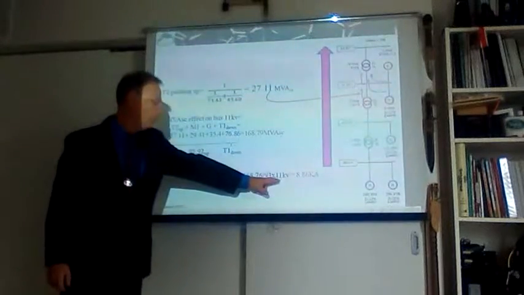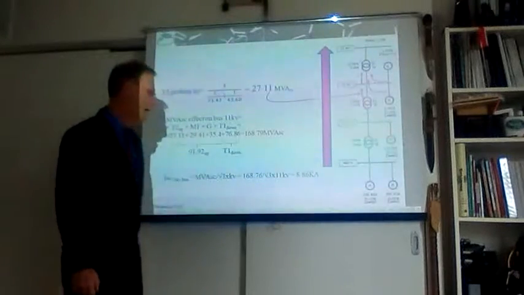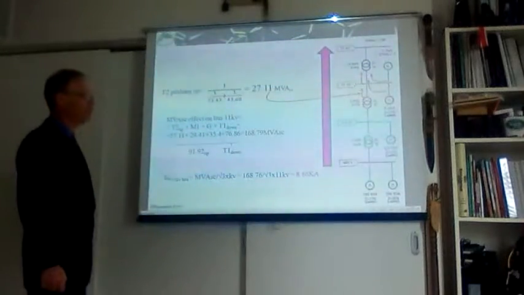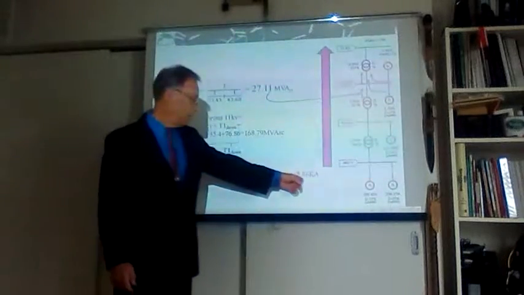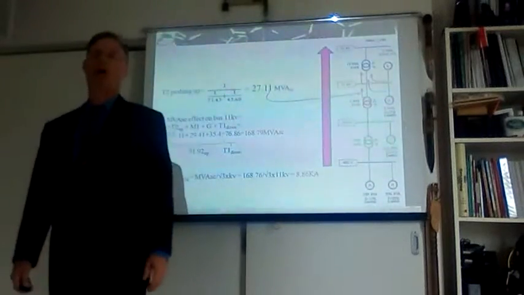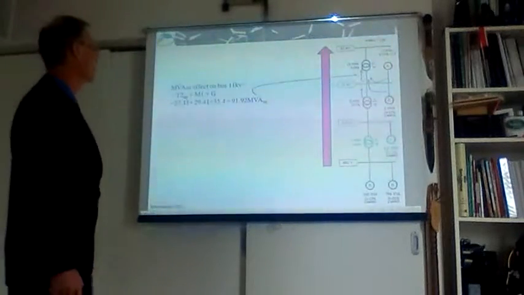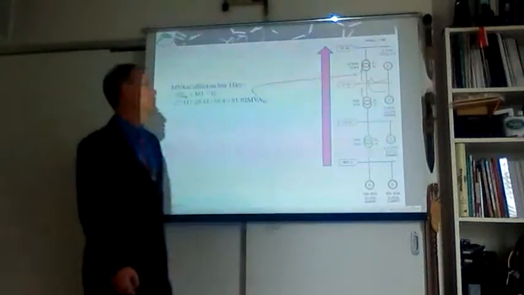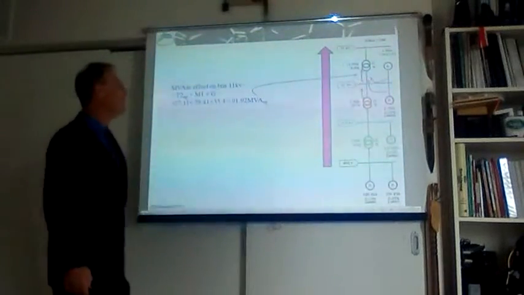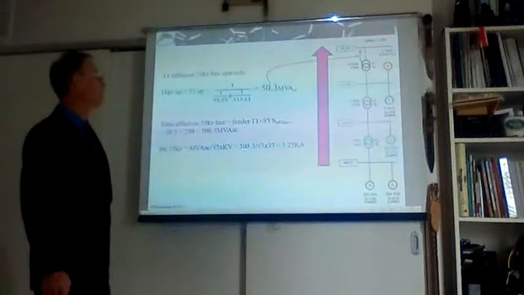And of course, divided by the voltage, in this case 11 kV multiplied by the square root of 3 due to 3-phase, will give us almost 9 kiloamps on a short circuit. That will total into 92 almost MVAs going up.